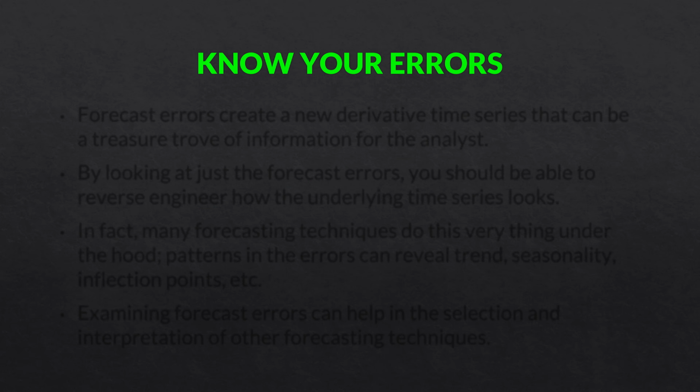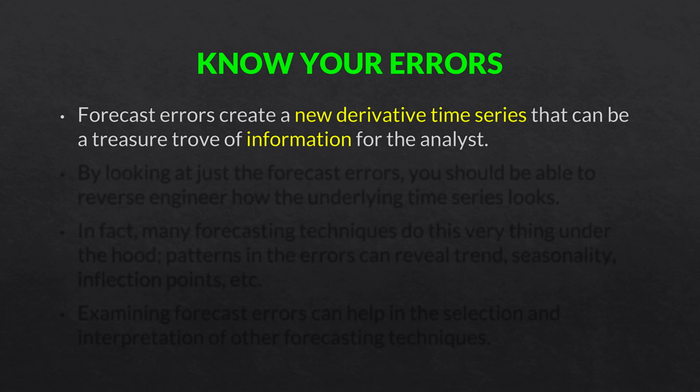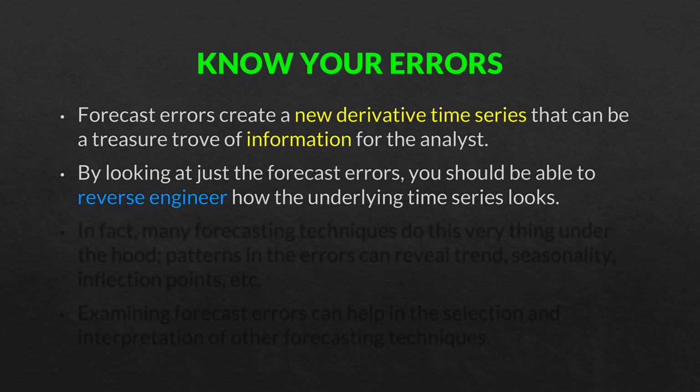So we made the forecast, but we haven't talked about errors yet. Forecast errors create a new derivative time series that can be a treasure trove of information for the analyst. Remember the gap between the actual line and the forecast line in our previous graphs? Those are our errors. By looking at just the forecast errors, you should be able to reverse engineer how the underlying time series looks.